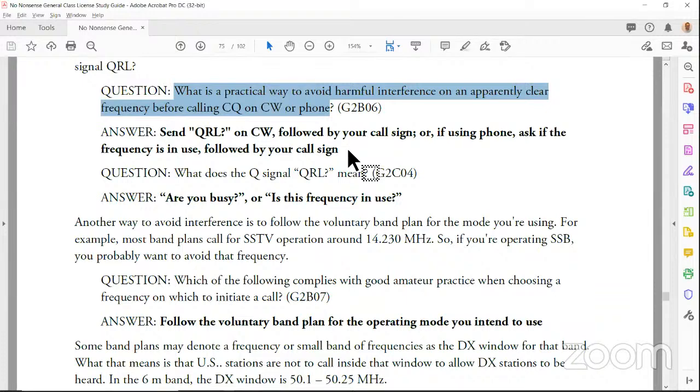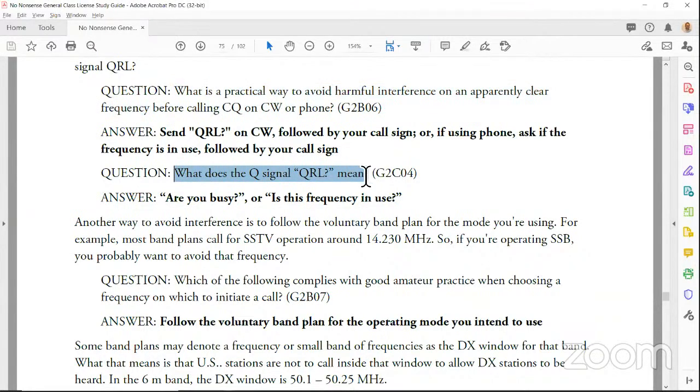Even though it appears clear, you ask first, is it in use? And if it's in CW, QRL, followed by your call sign. And if it's voice, you say, is the frequency in use? 9 Zulu 4 Romeo Golf, for instance. So that's the way to avoid causing harmful interference. Next question in the question pool.